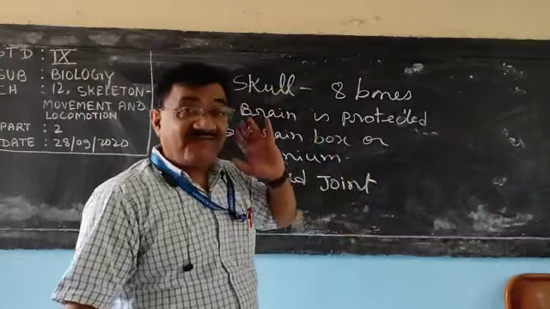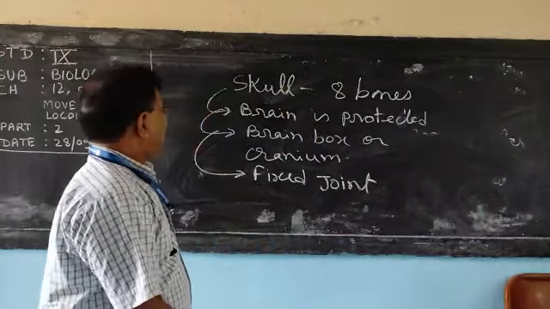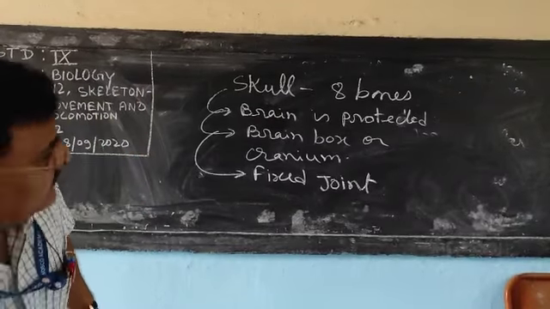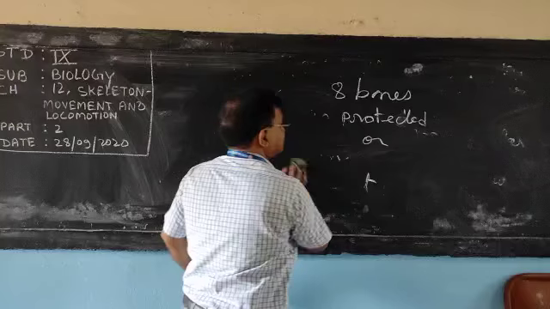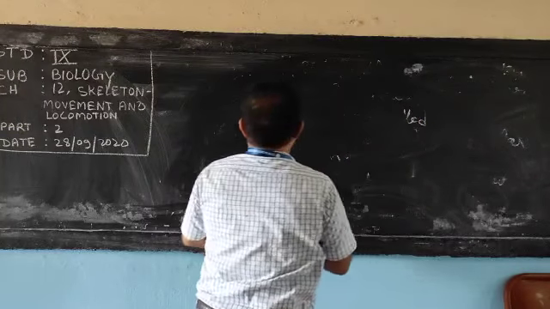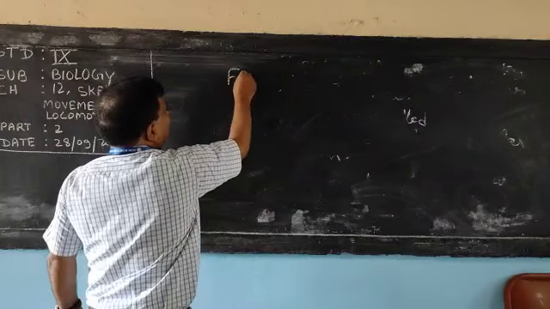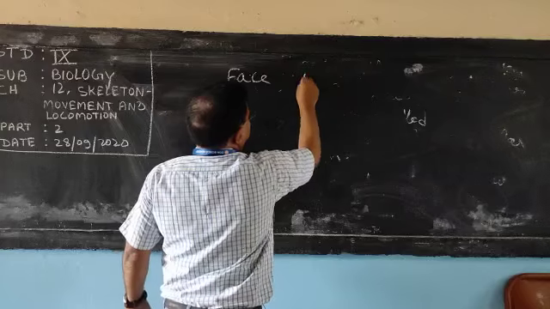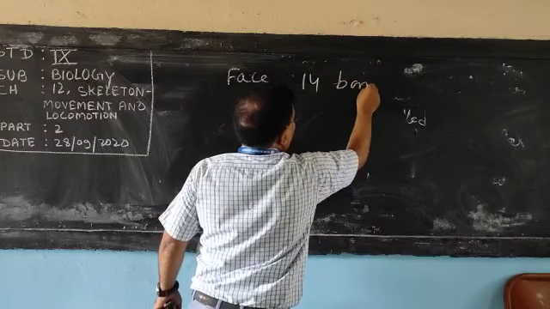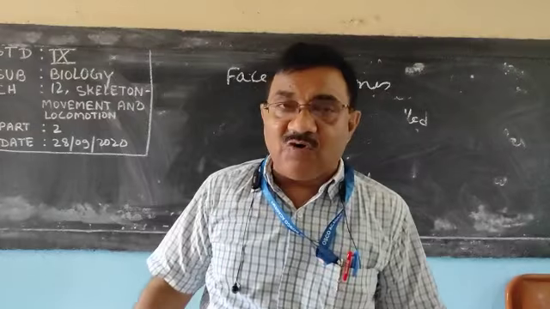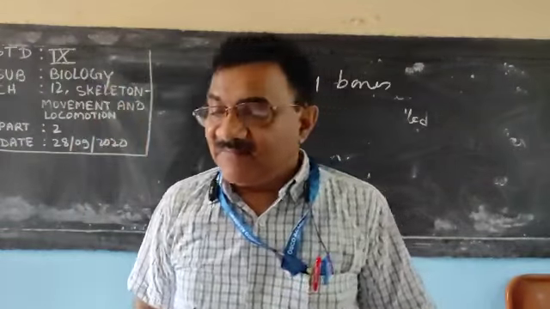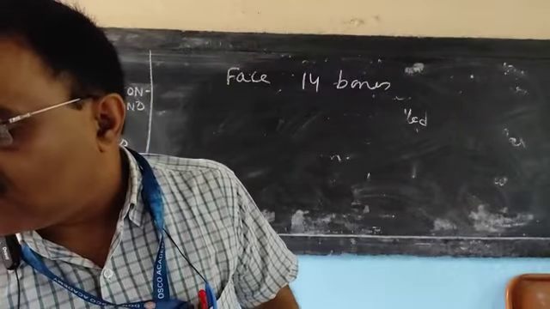As far as the face is concerned, our face contains 14 bones. The face is made up of 14 bones and the skull of 8 bones.